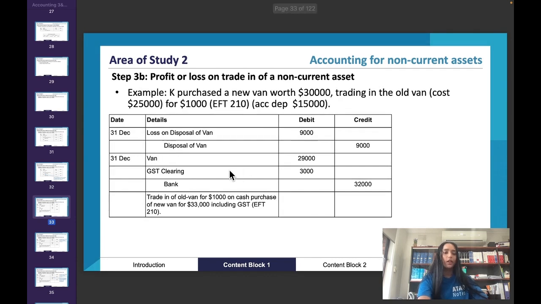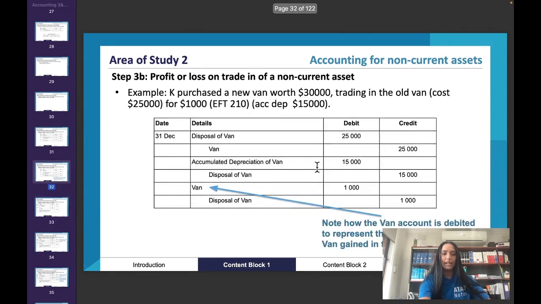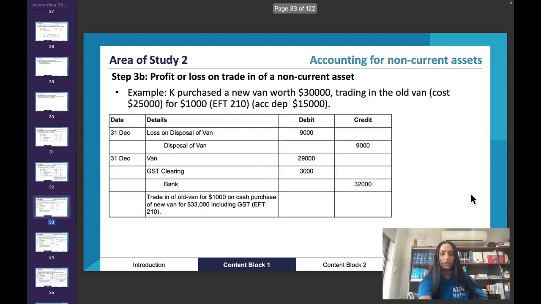So when we're recording the purchase of the new van, we only have to debit van $29,000 because that's $30,000 minus that trade-in value. So it's only $29,000. And then we'll also debit GST clearing $3,000, which is the GST on the entire cost.